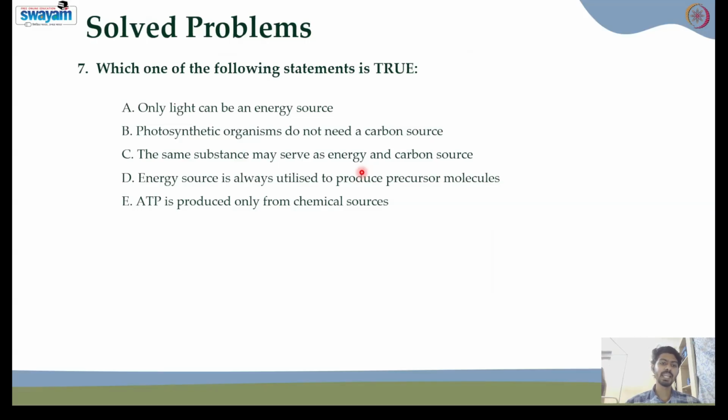Option A, only light can be used as an energy source. Option B, photosynthetic organisms do not need a carbon source. Option C, the same substance may serve as an energy and carbon source. Option D, energy source is always utilized to produce precursor molecules. Option E, ATP is produced only from the chemical source.